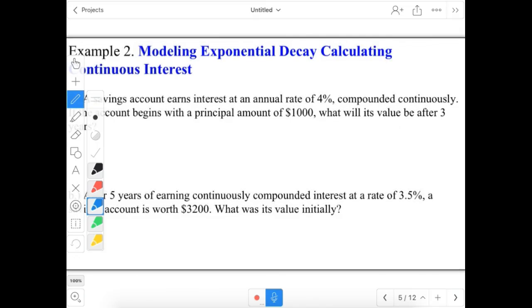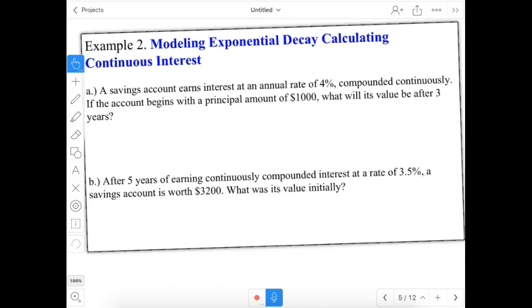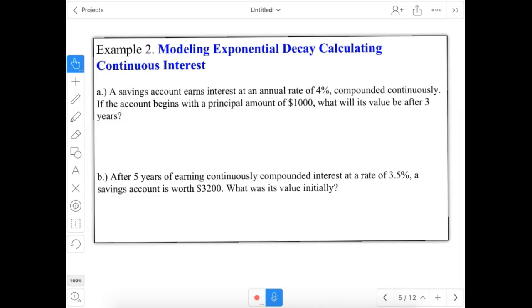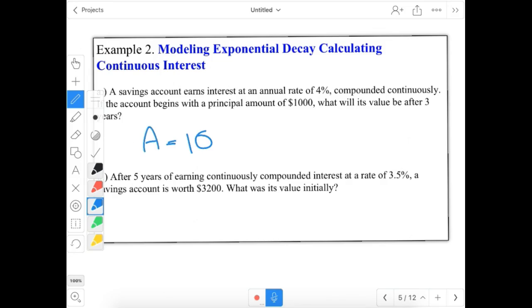So let's look at a problem with this. Our first one, we're dealing with the same information. So we have our amount is equal to 1,000. The only thing that's different is we are having it compounded continuously. So this would be E to the 4% times 3, so that would be 0.12.